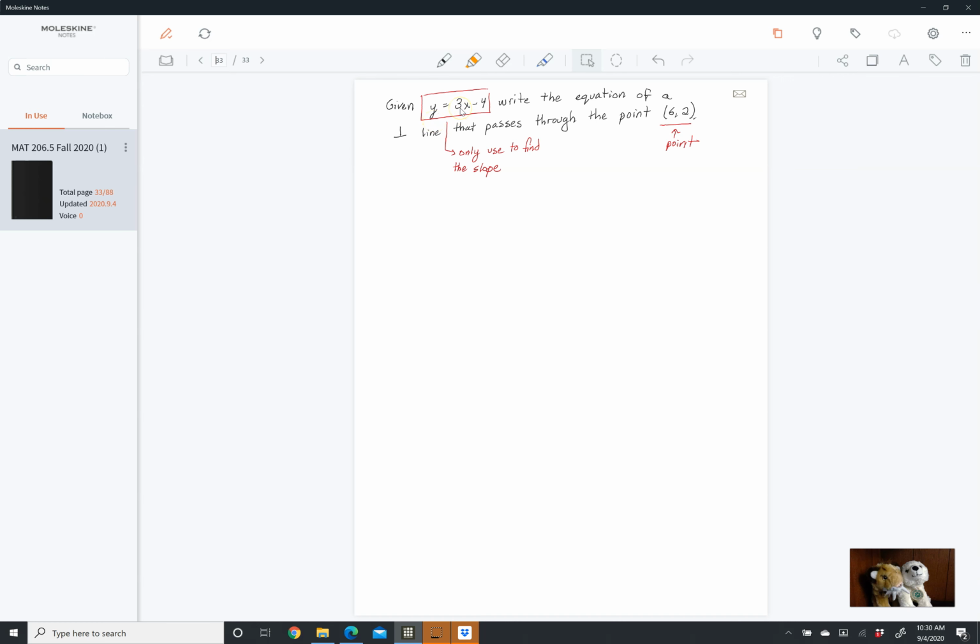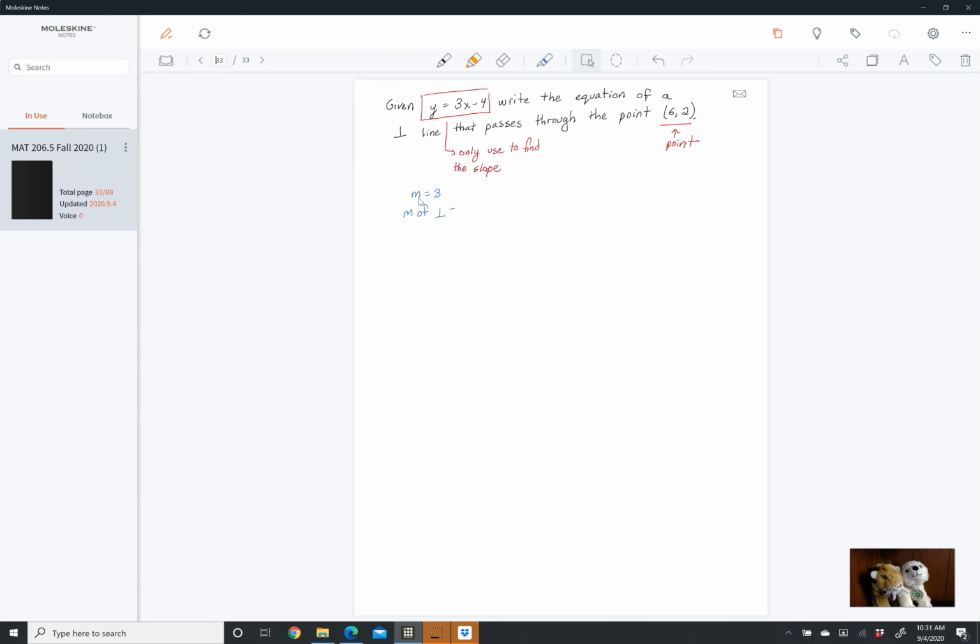The slope, because this is in slope-intercept form, remember y equals mx plus b. The m is the slope. 3 is our slope here. So the slope of our line is 3. But this says that we need to write the equation of a perpendicular line. So now that we have the slope of the original line, we need the slope of the perpendicular line.